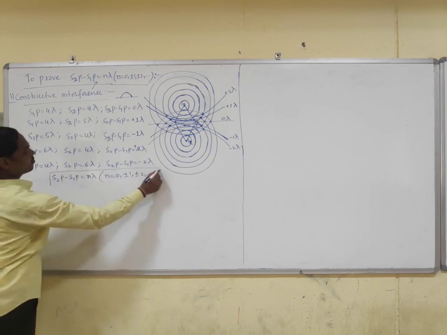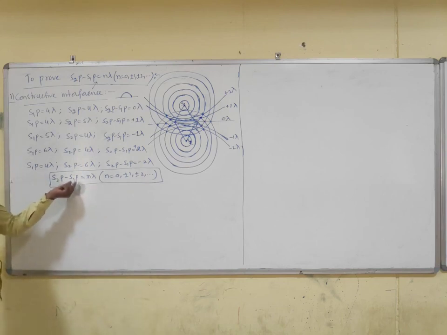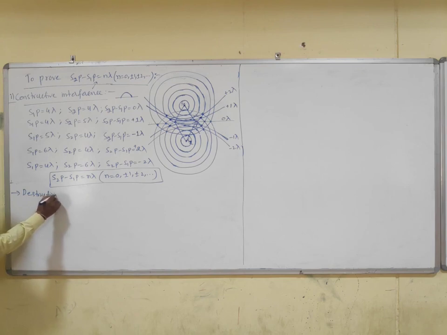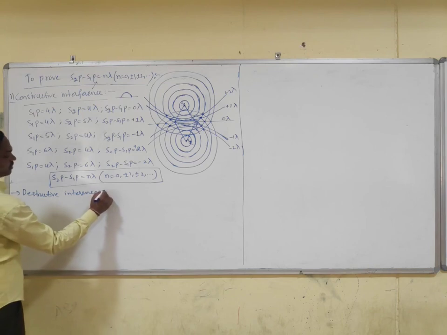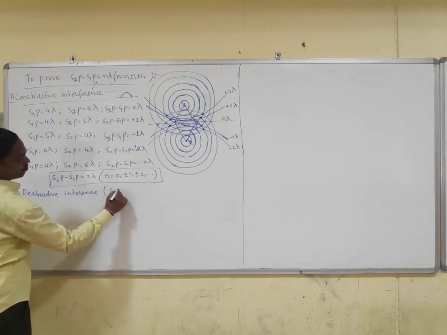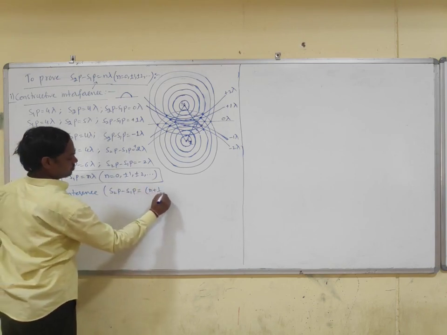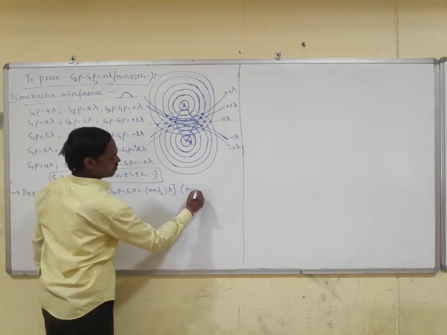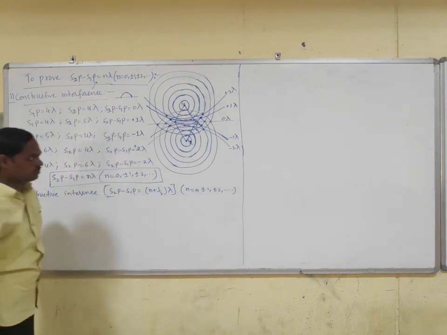So this is a condition for what? Crest and crest overlapping. So that is constructive interference condition. Okay. Now next is destructive interference condition. Destructive interference condition is S2P minus S1P is equal to n plus half lambda, where n is equal to 0, plus or minus 1, plus or minus 2, and so on.